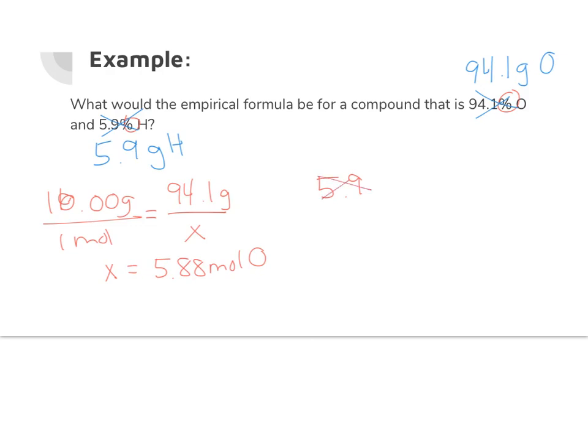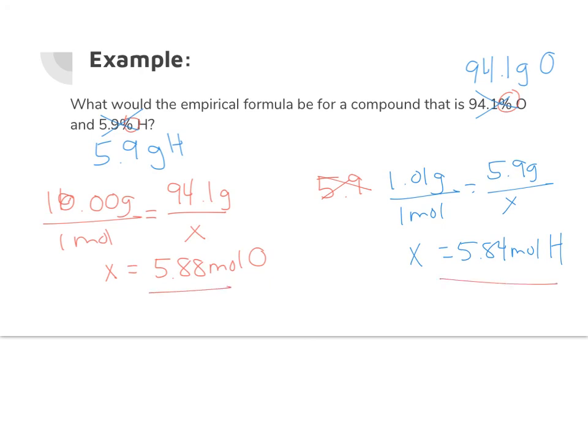We know that the molar mass of hydrogen is 1.01 grams per 1 mole. We have 5.9 grams over x, and if we solve for x, we end up with about 5.84 moles of hydrogen. When we compare these numbers, we should be able to see that they are about the same, which means the hydrogen and the oxygen are in a 1-to-1 ratio, so our empirical formula for this compound is simply OH, 1 oxygen for every 1 hydrogen.